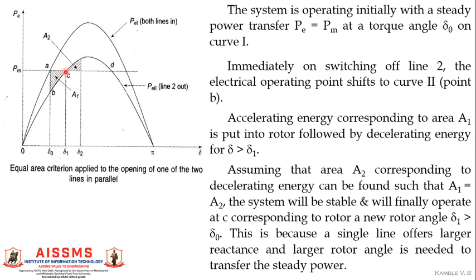So when we have a sudden loss of one of the parallel lines, the power transfer can be restored if the change in electrical power is within the limits.